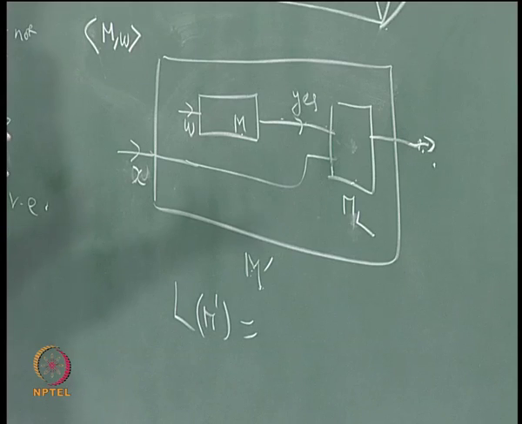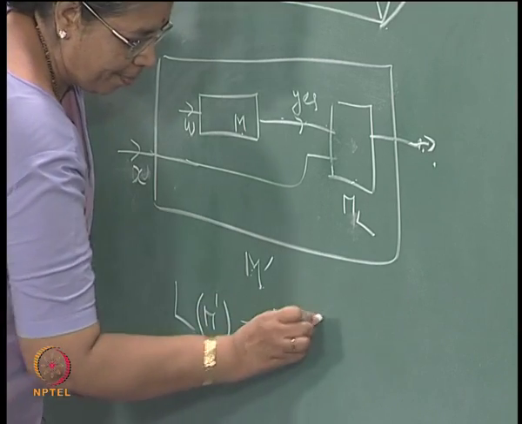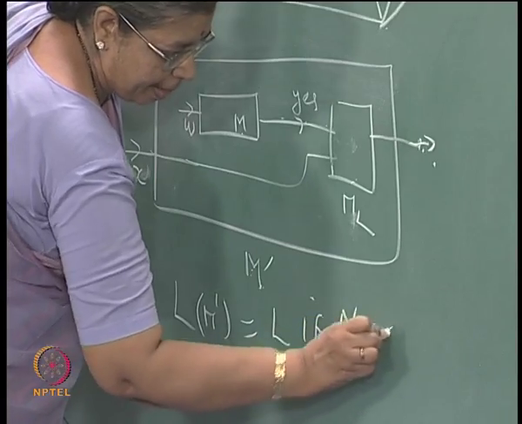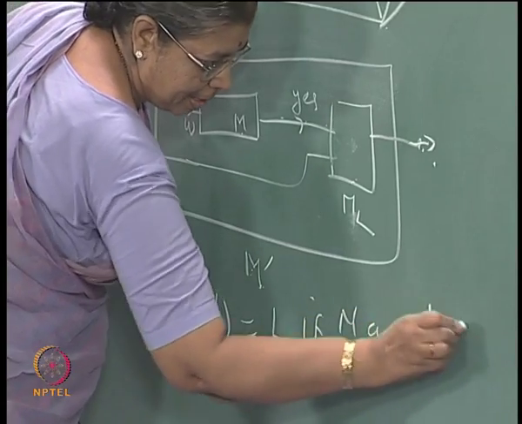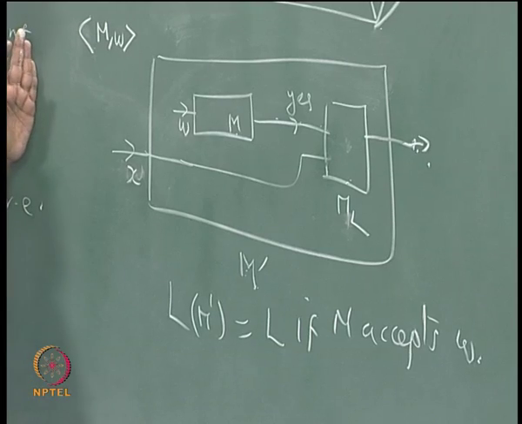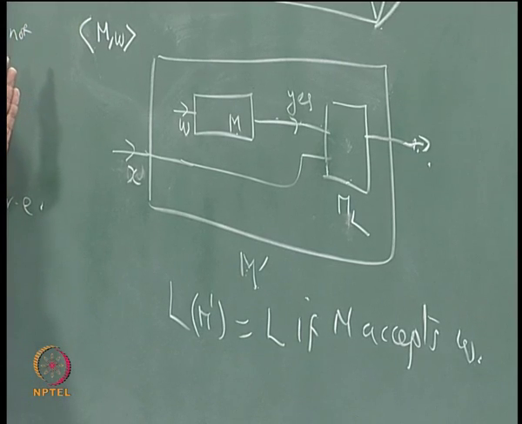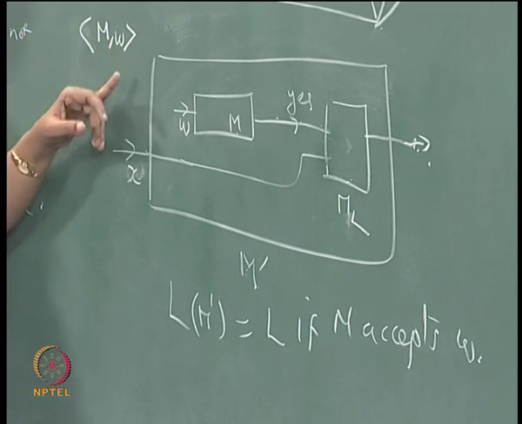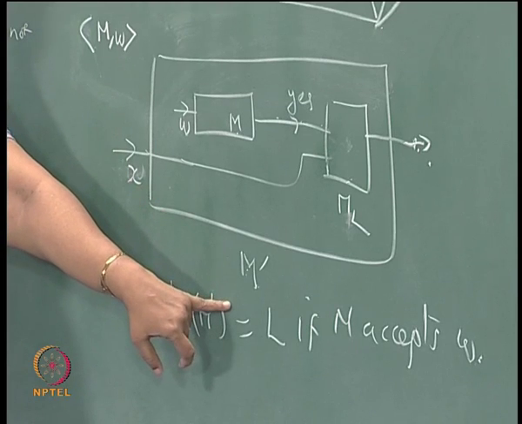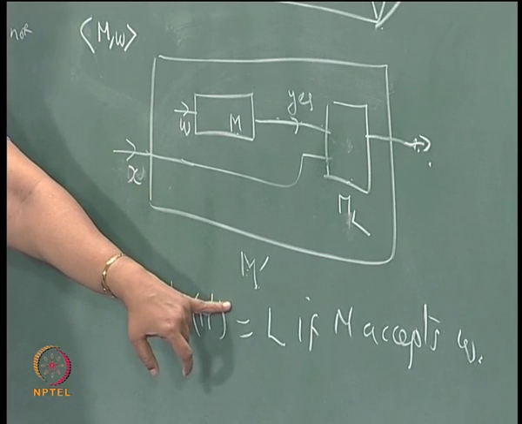ML is the Turing machine for L. So, L of M dash is L if M accepts w. For every pair M, w you can construct a machine M dash like this.